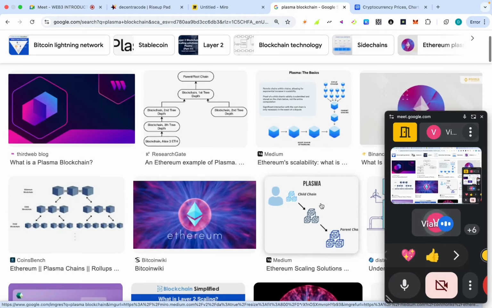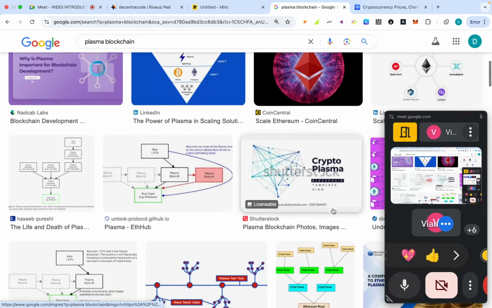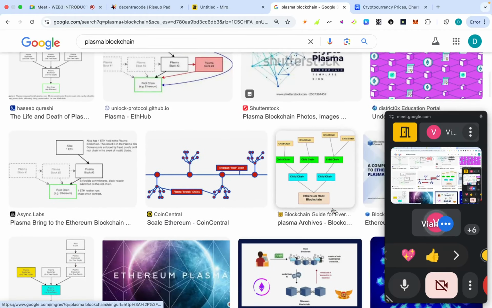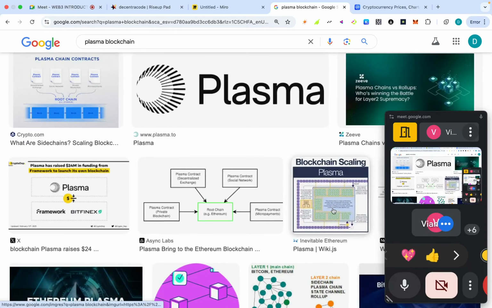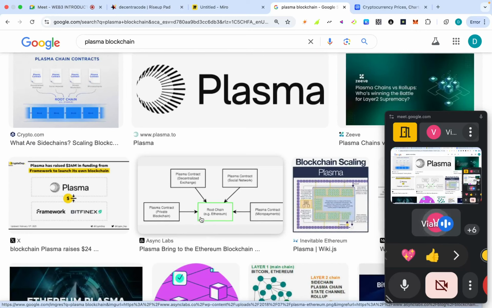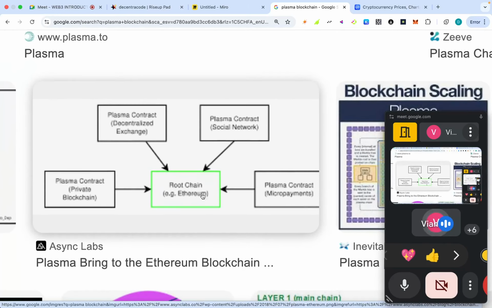So here it is. I want to look at something that will help us understand it better. It's something like this. There is a root chain, and then there are all these other blockchains serving different purposes but finalizing onto the root chain. So it's like they facilitate it.